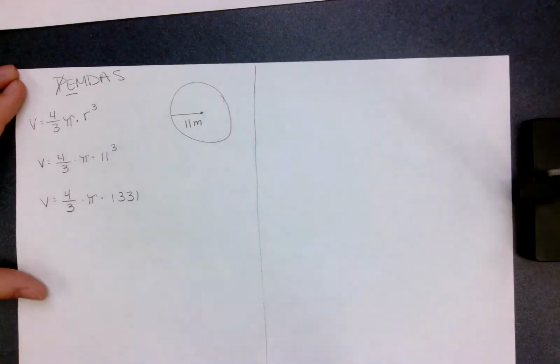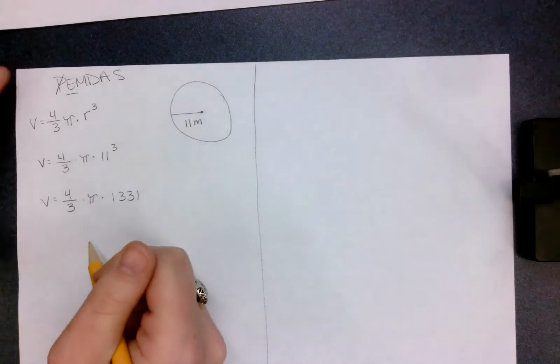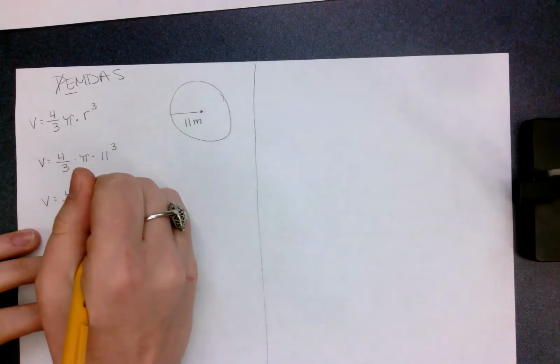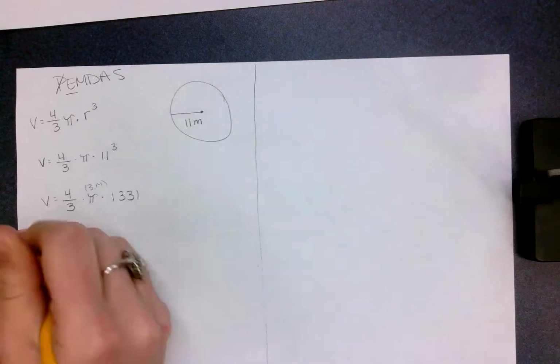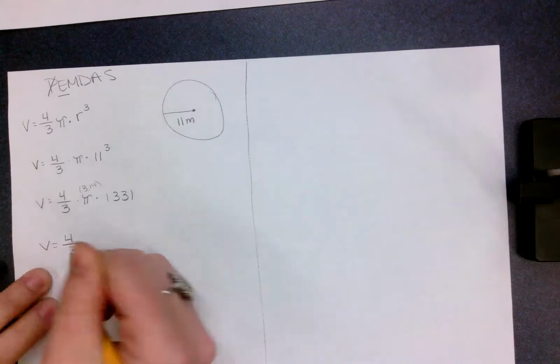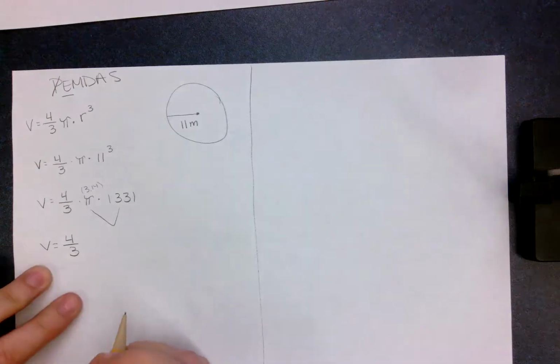So this is a new video. I do not have a graphing calculator on me right now. I'm just using my phone. So I'm going to be using pi as 3.14. So I'm going to rewrite this first part, and then I'm going to do pi times 1,331.